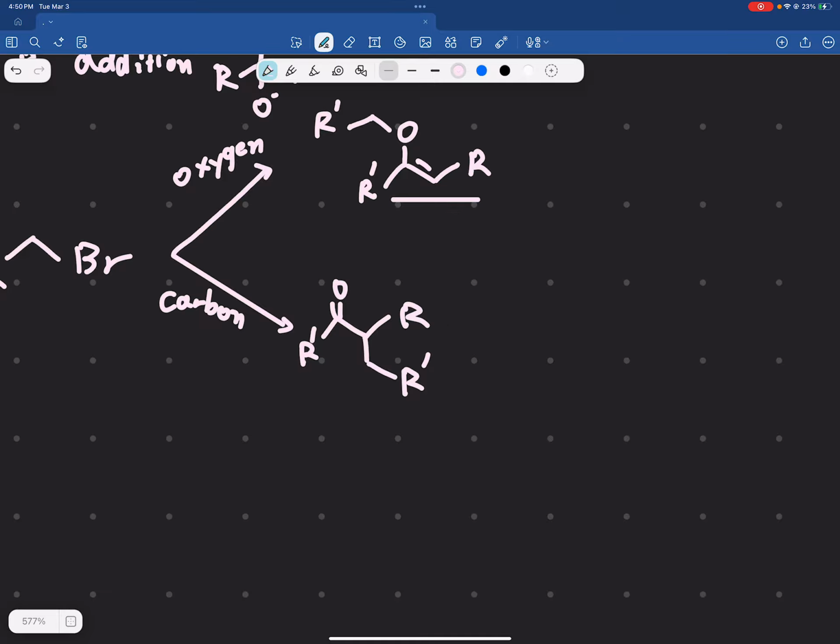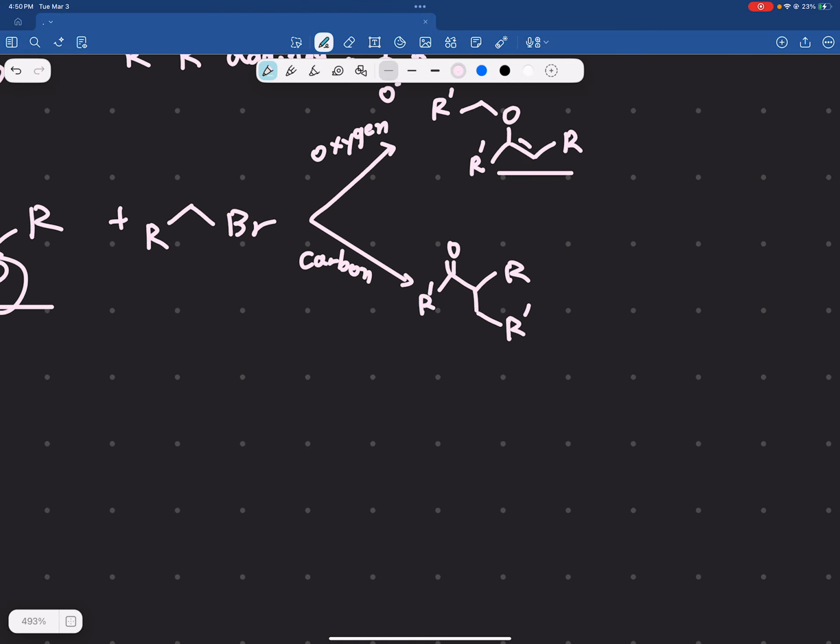So for the purposes of this video, we're going to mainly focus on the reactions at the carbon, and you can steer the reaction towards the reaction at the oxygen. However, primarily you'll see the reactions at the carbon due to counter ions.